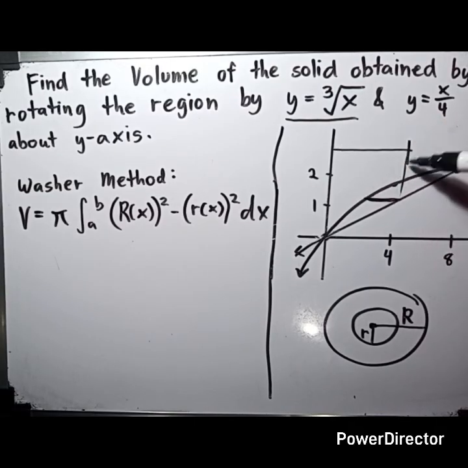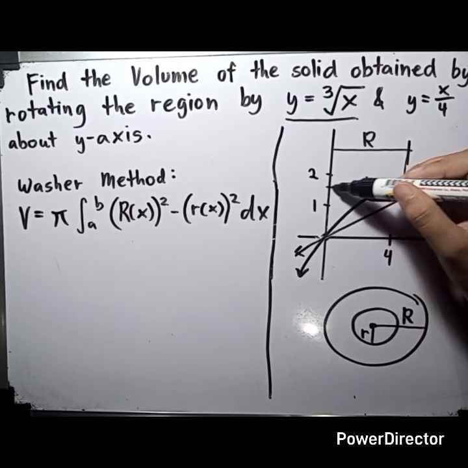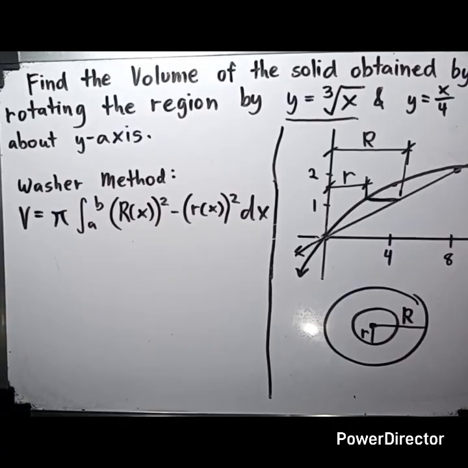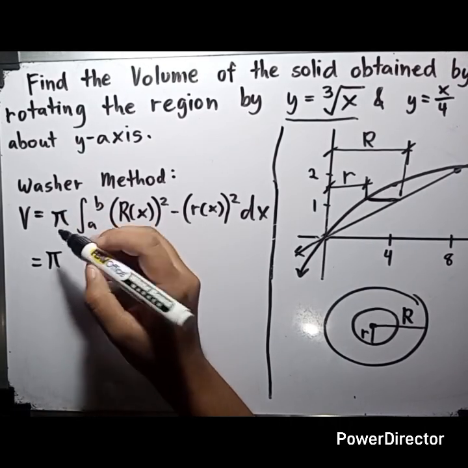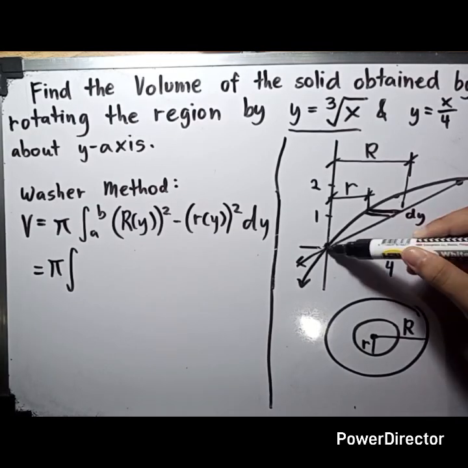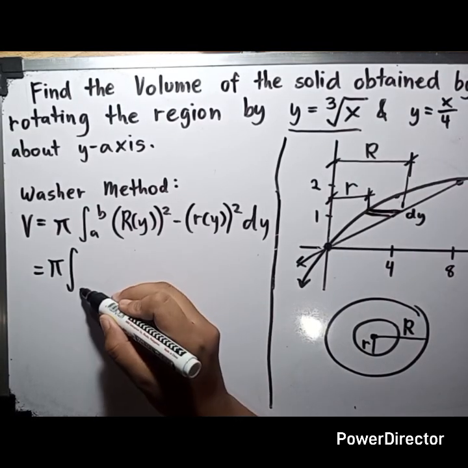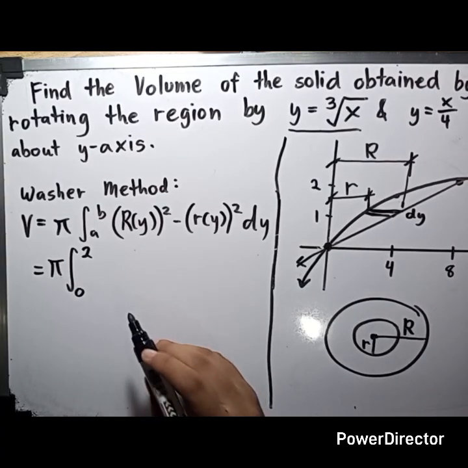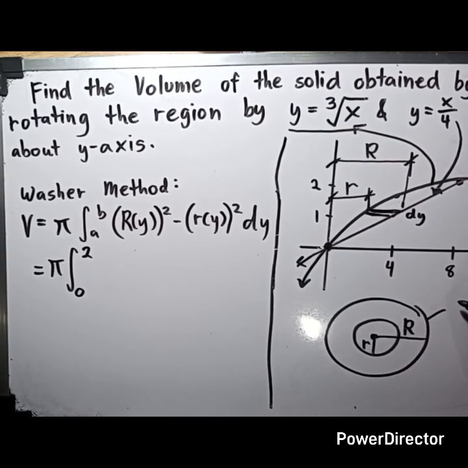You can also use the shell method. It depends on you. We let the big R be from the outer edge and the small r from the inner edge. From taking horizontal strips, our limit interval will be from 0 to 2. Our big R of y is the given linear function y equals x/4, since it's the bigger circle, and the other given function is the smaller circle.